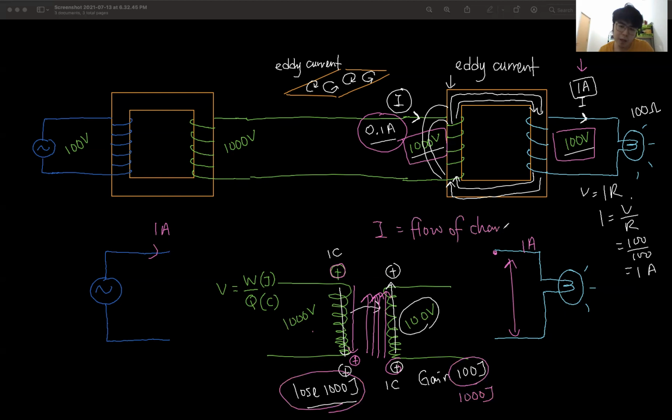If this one flows 10 times, the current has increased, because the charge flows faster, right? So this is why, from the conceptual point of view, when you step down the voltage from 1000 to 100 volt, the current increases, simply because the charge has to travel faster in the secondary coil.